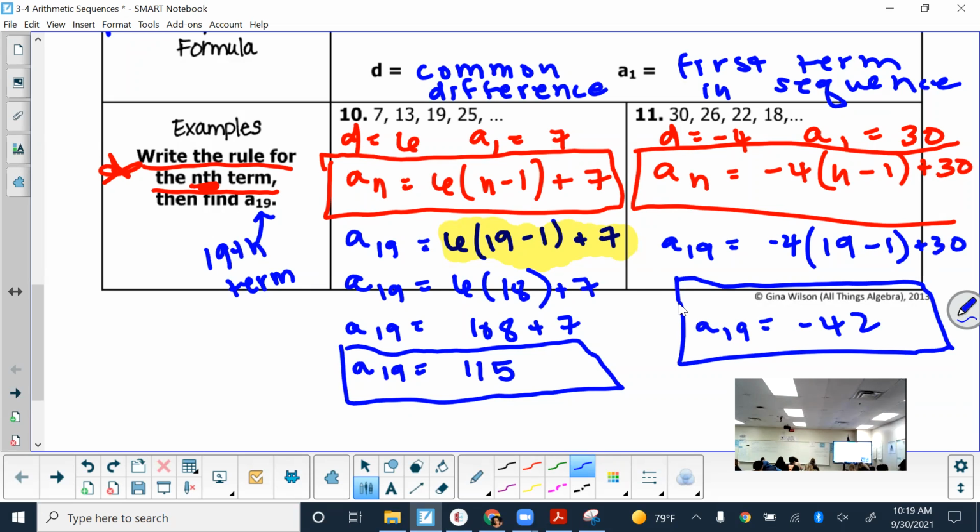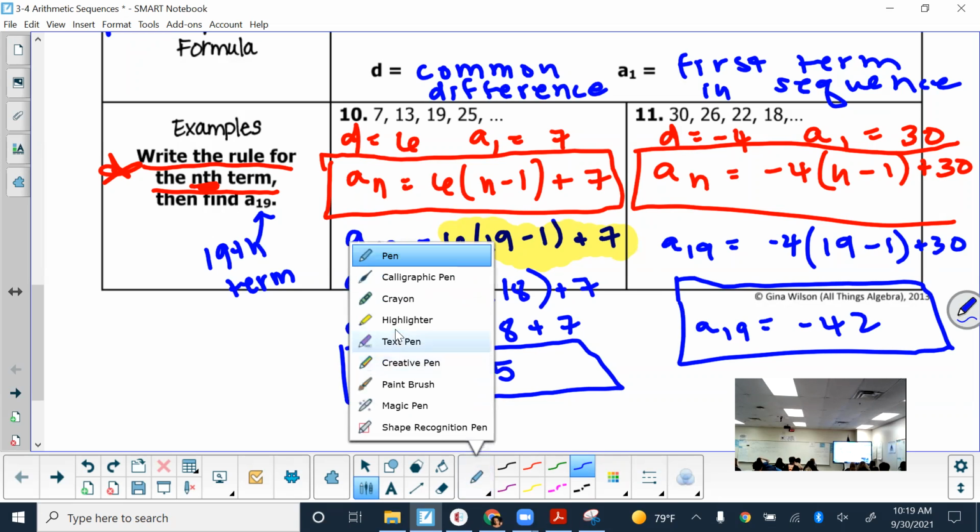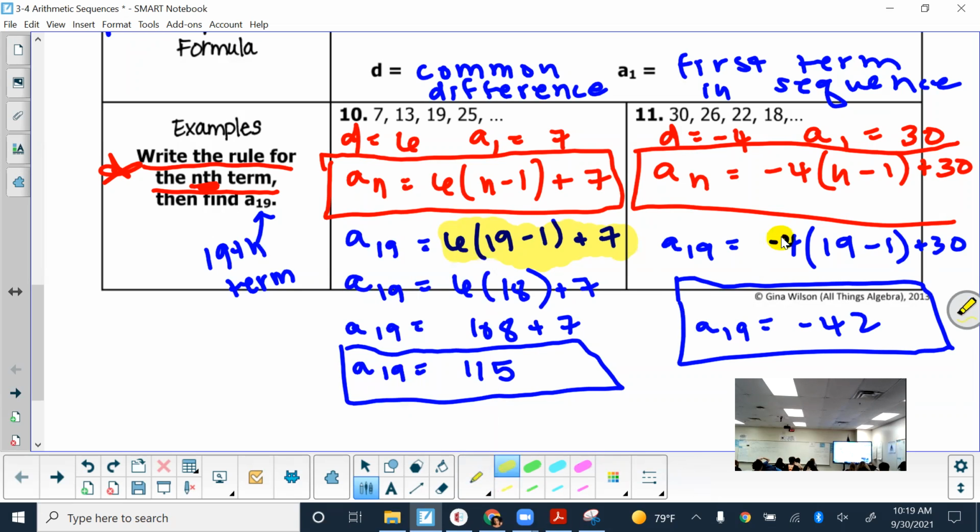All right, so you could simplify it by hand, like we did over here. But I always see students make silly mistakes. They forget how to add and subtract integers or their order of operations. So I suggest typing it into your calculator. If you do, this is what it looks like.